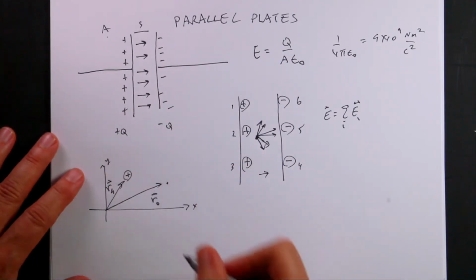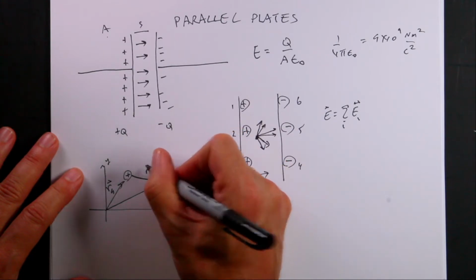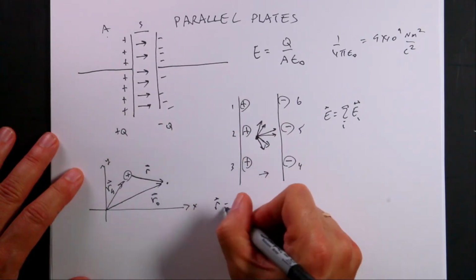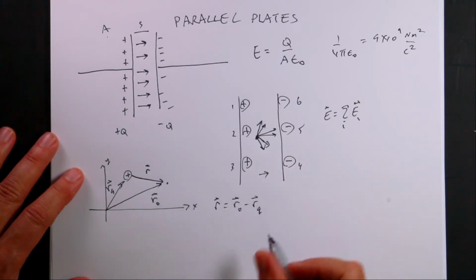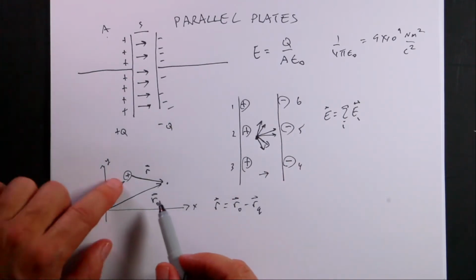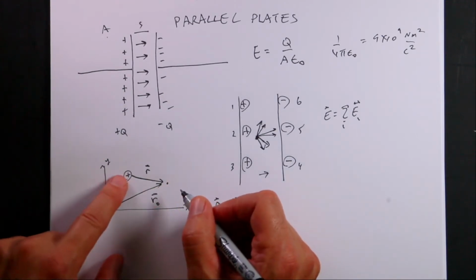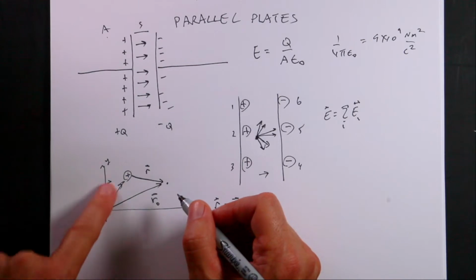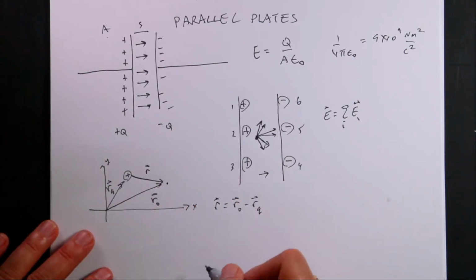The first thing I need to do is find this vector, r. So I can say r equals r_O minus r_Q. That's my vector r, because if I take final minus initial, the final position is the observation location. The initial position is the charge, which I know the location, that's r_Q. So the vector r from the charge to the observation location is just the difference.